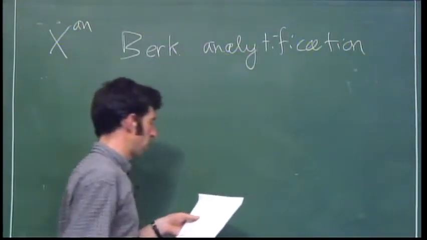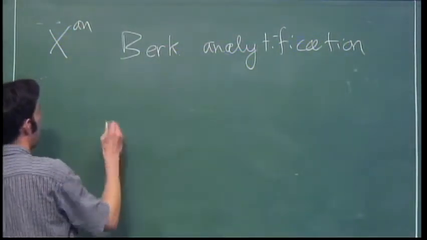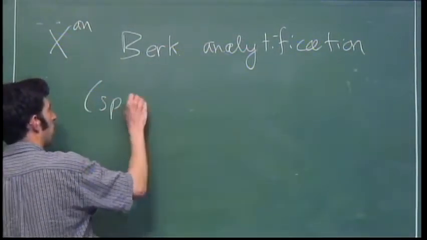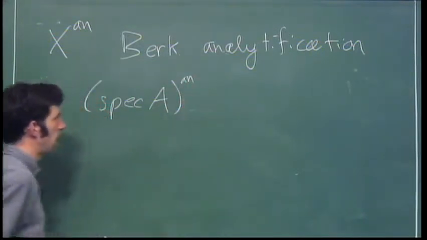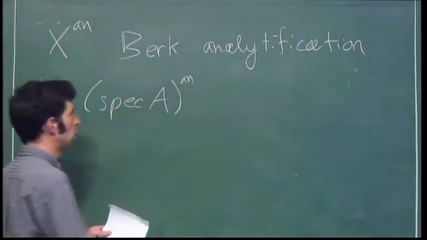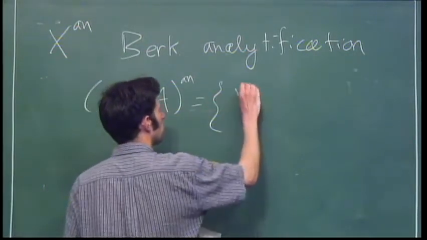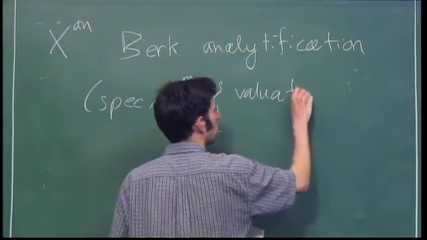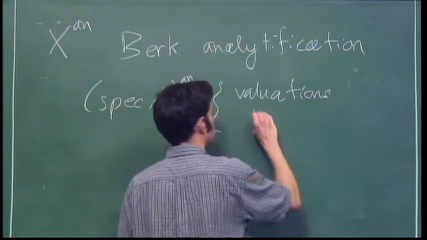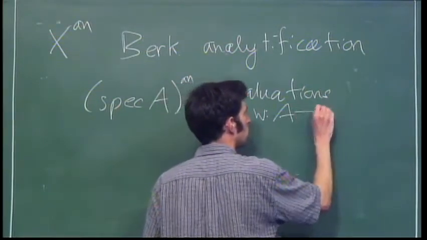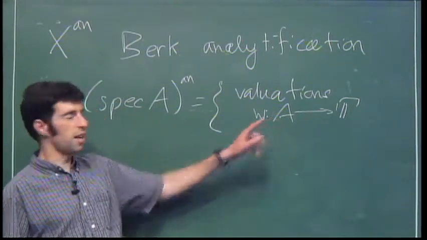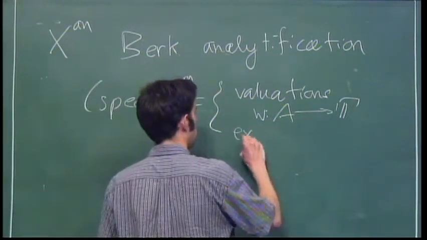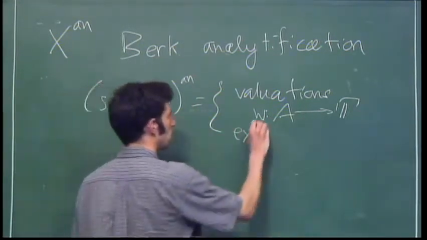Which we've seen before, but just to remind you, in the affine case, if this is spec of some K algebra A, then the analytification is valuations W on this algebra A, extending the valuation on the ground field.